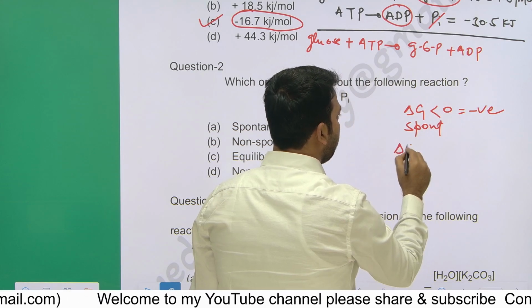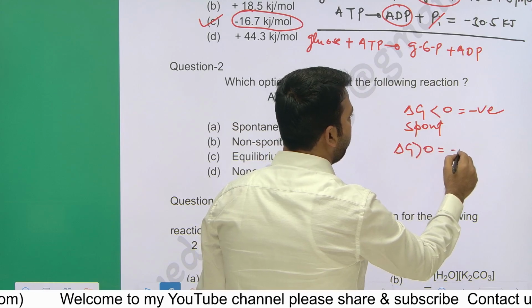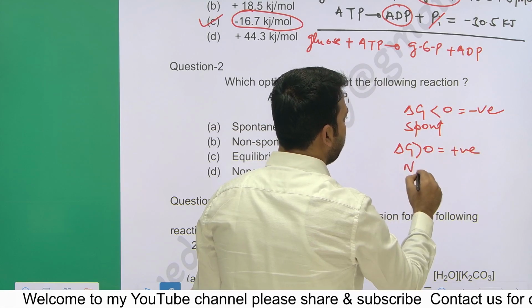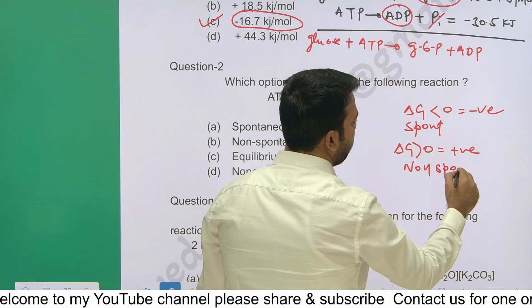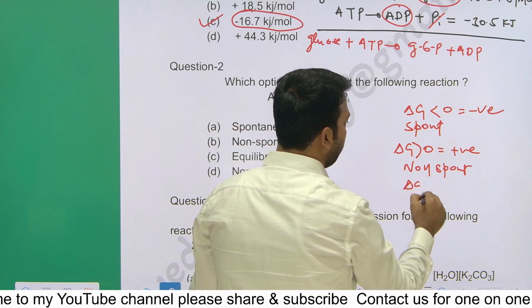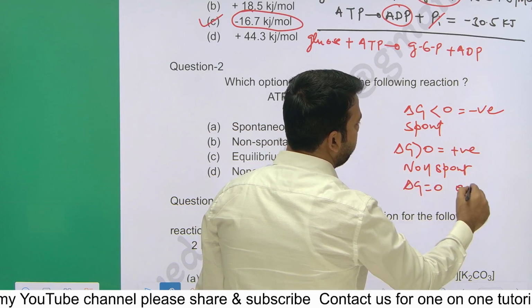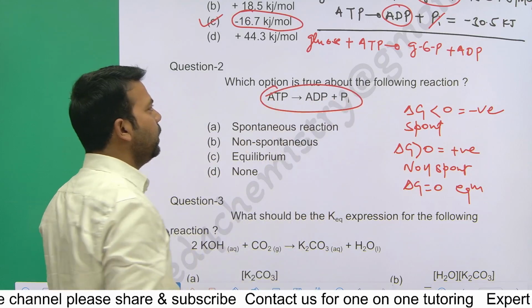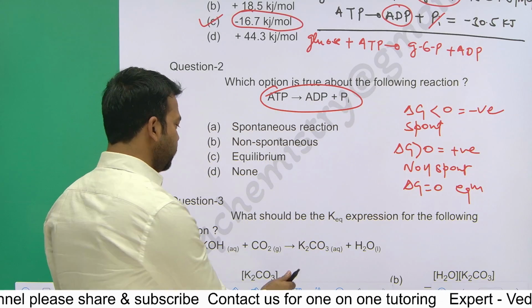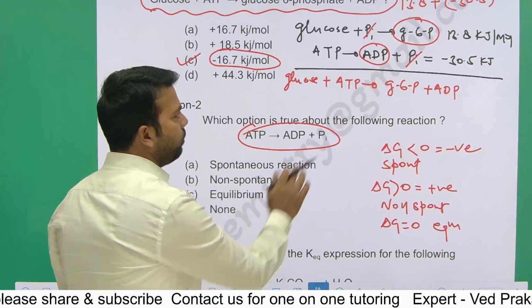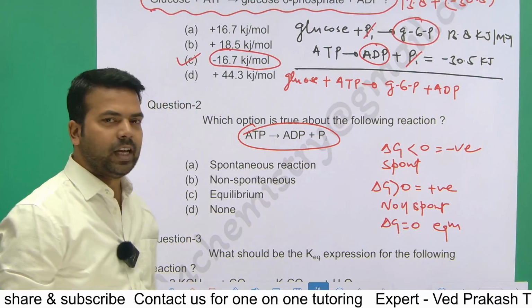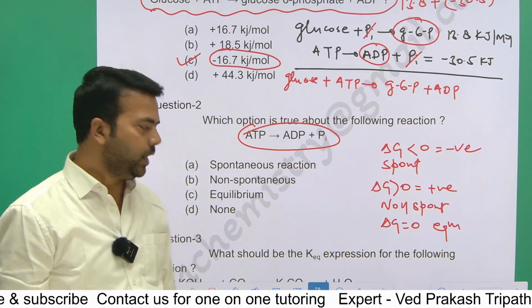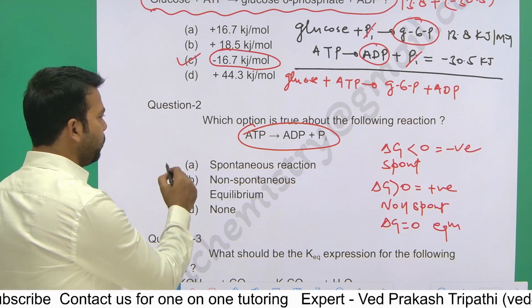Whenever delta G is greater than 0 or positive, we can say non-spontaneous. And whenever delta G is equal to 0, we can say equilibrium. For this equation, the delta G value is given, which is minus 30. The minus sign indicates the reaction is spontaneous. So we can say this should be spontaneous.